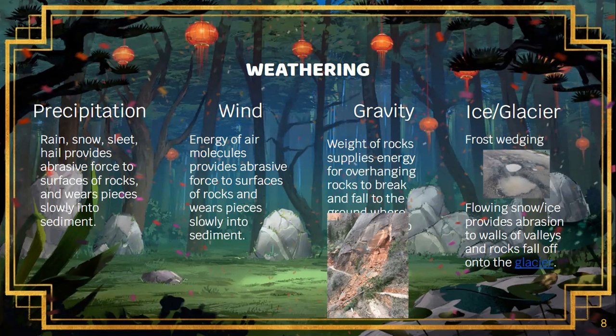The friction of the snow and ice rubbing against the walls of the valley causes chunks of rock to fall off. They can fall onto the glacier and move along with the ice, or the glacier can pick up chunks from underneath and carry them. So that's another process of weathering.